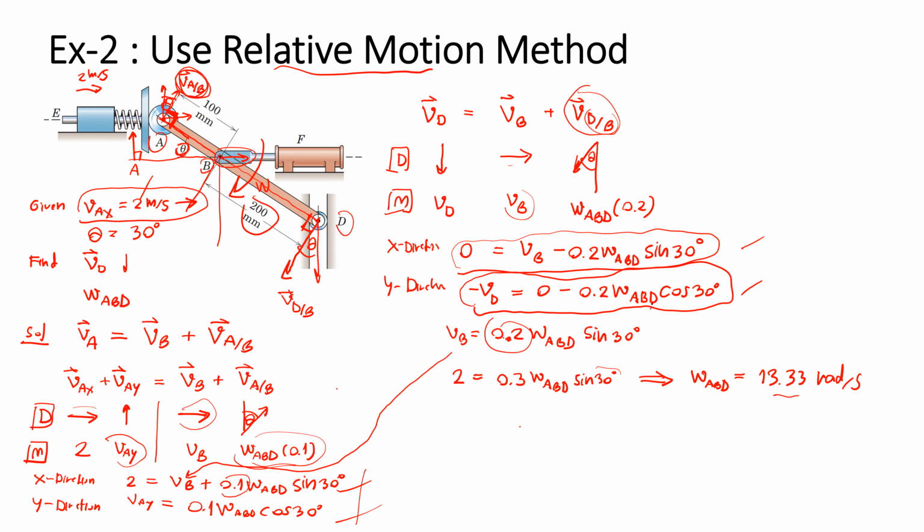When we know omega, we can solve for VD, and VD will equal to 0.2 cosine 30 degree multiplied by omega ABD.